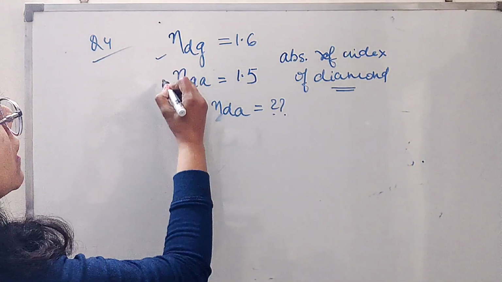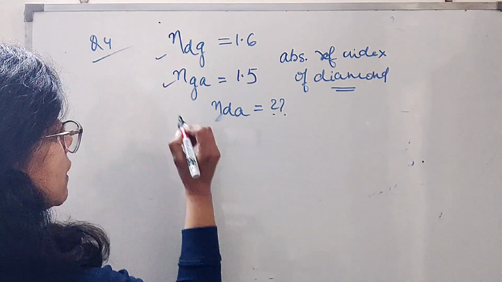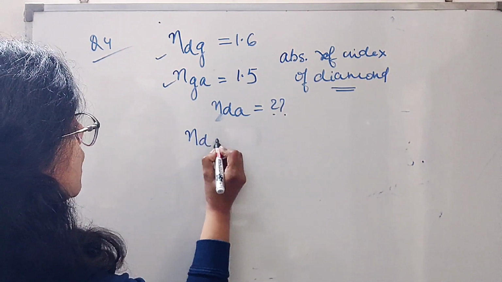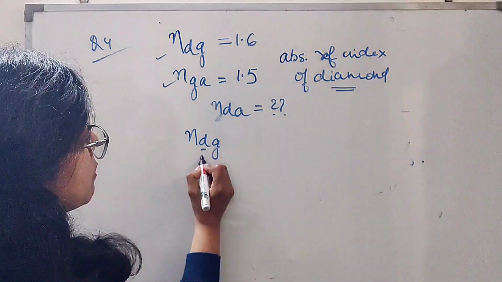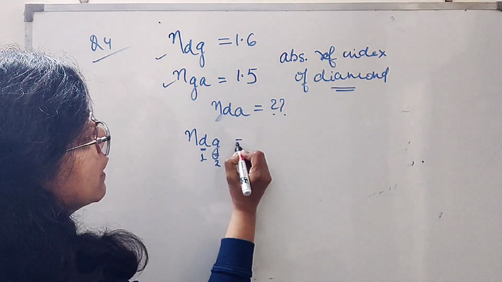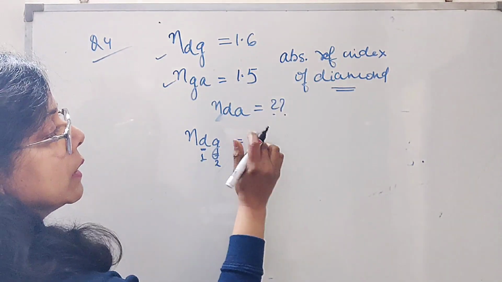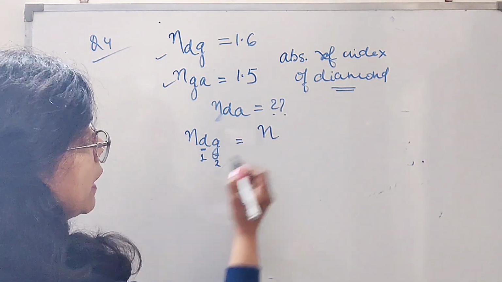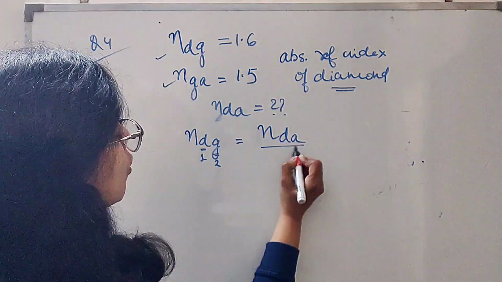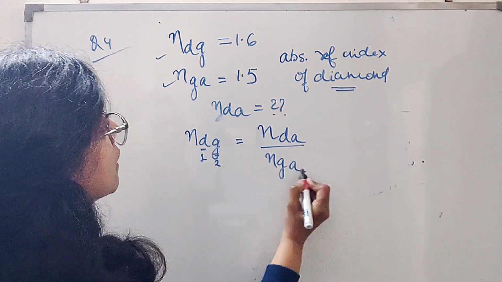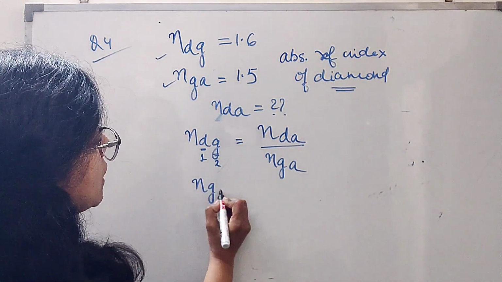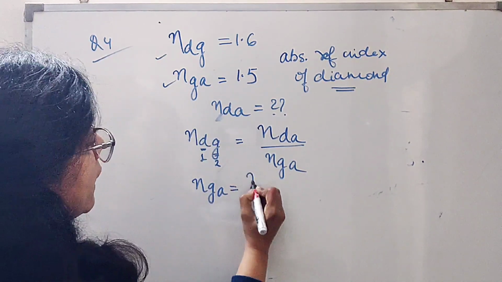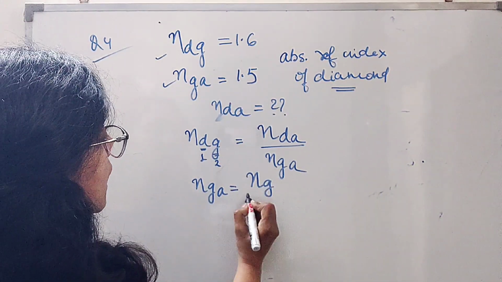Now if I write this formula NDG, as I told you in the previous question, this is the first medium and this is the second medium, then the first medium always comes in the numerator. So NDG will become ND upon NG, and NGA is equal to NG upon NA.